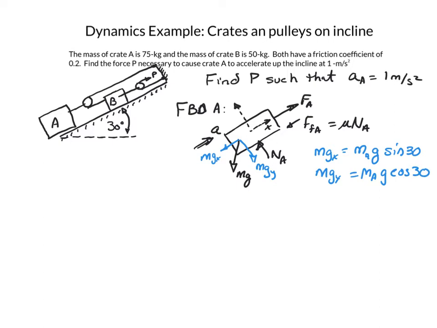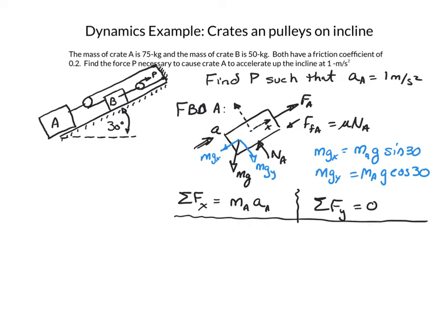Now I want to do sum of the forces in each direction. Sum of the forces equals m box A times the acceleration of box A. And sum of the forces, this one's x, this one's going to be y. It's 0 because I have no motion in that dimension.